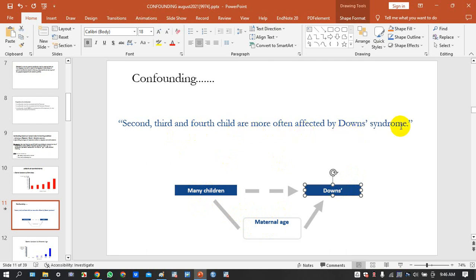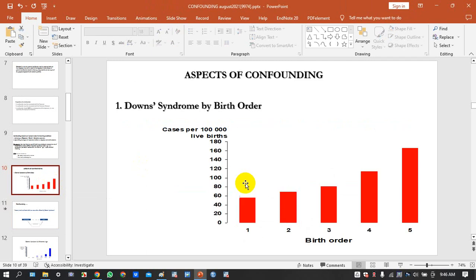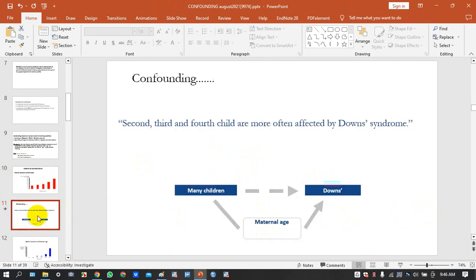Why is it that the second, third, fourth, fifth child are at a higher risk of developing Down syndrome? How do we explain this? So we bring in a confounder, maternal age, to see whether maternal age is the actual cause of the Down syndrome or having many children is the cause.